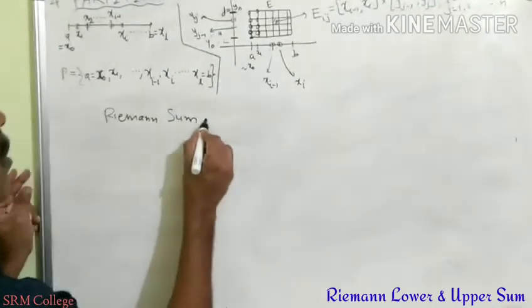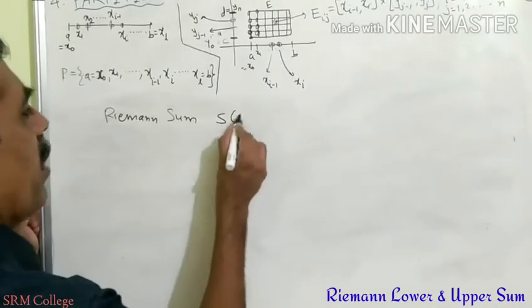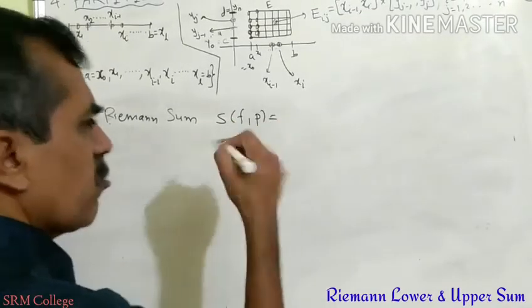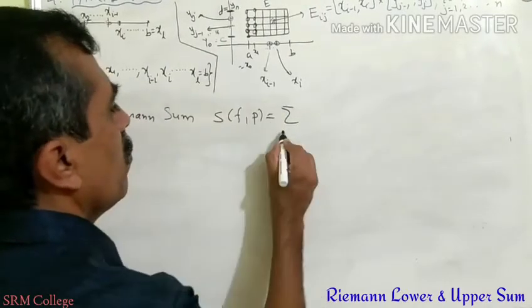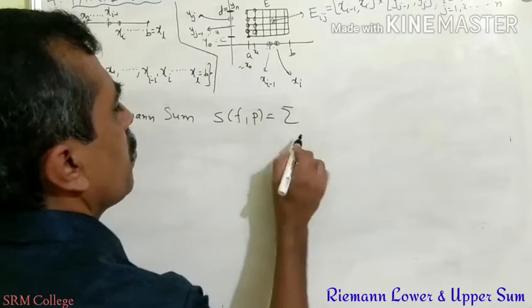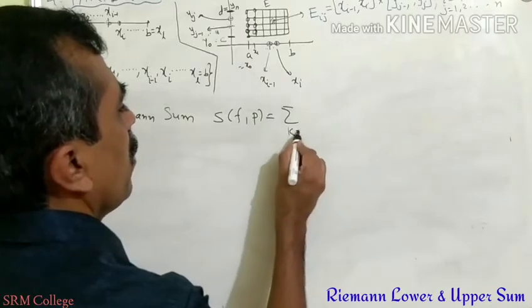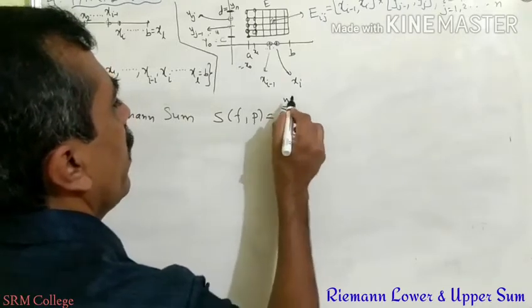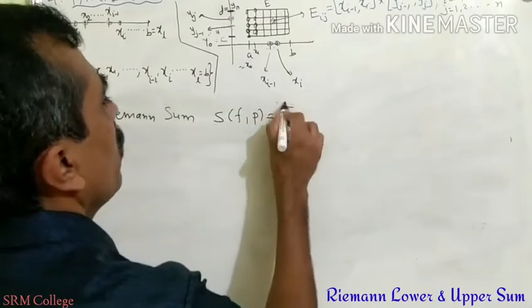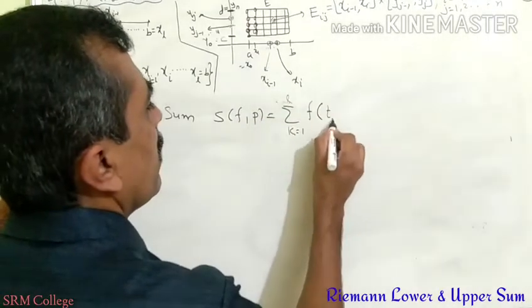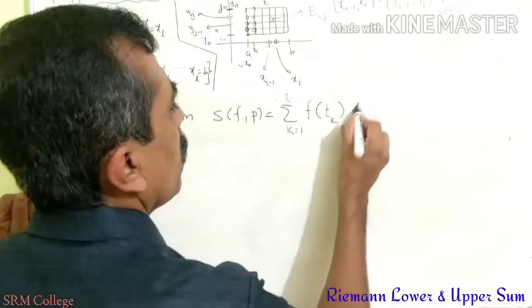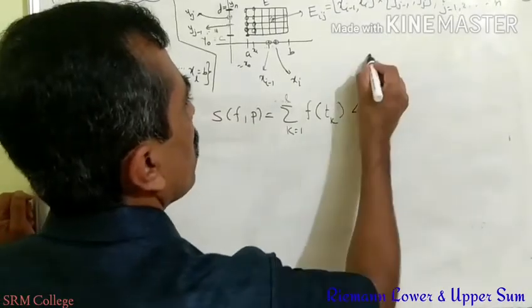The Riemann sum is denoted by this notation S(f,P), anything easy. It is in case of one variable now. So I will write the sum as k runs from 1 to n, or k runs from 1 to l, doesn't matter, of f of tk into delta k. What is delta k here?